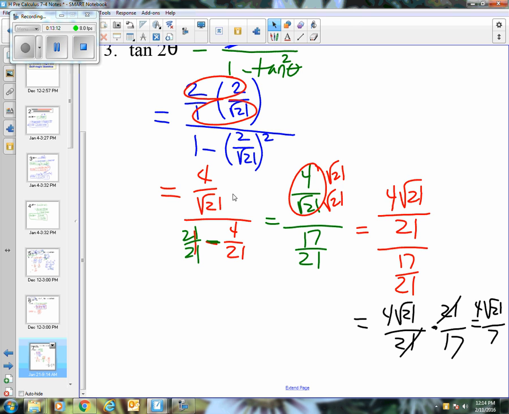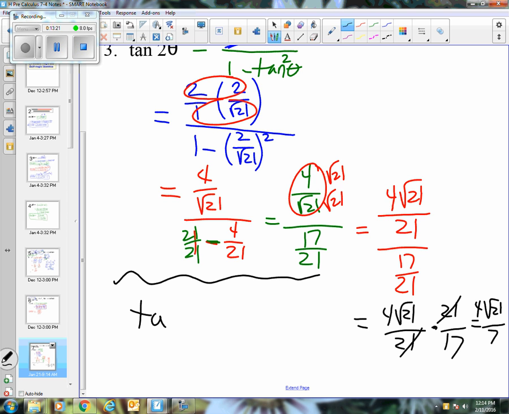Let's talk about another option. What is tangent equal to? Look at the top of your formula sheet and give me an example or a ratio that tangent is equal to. Remember, it's slope. So tangent is equivalent to sine of the angle over cosine of the angle. So think about what we did prior to doing this tangent one.